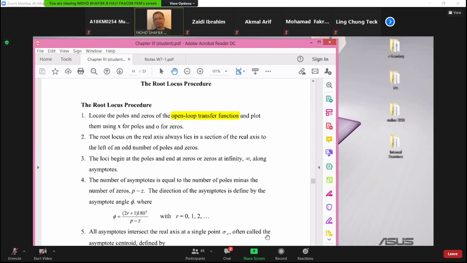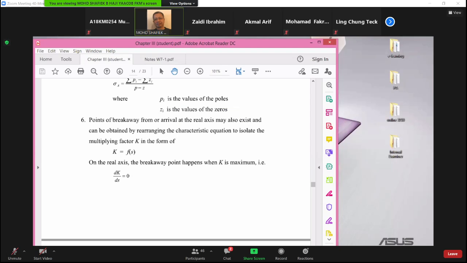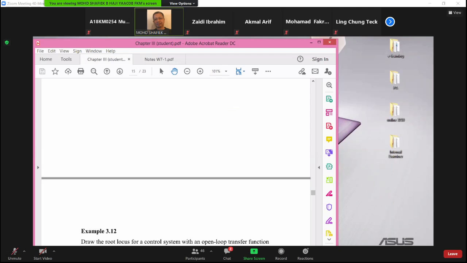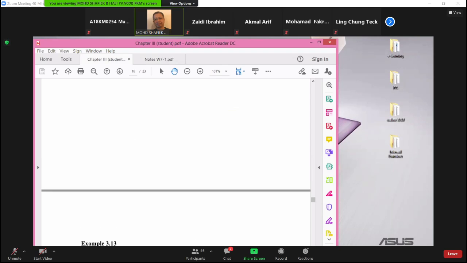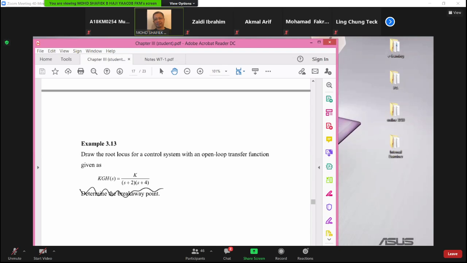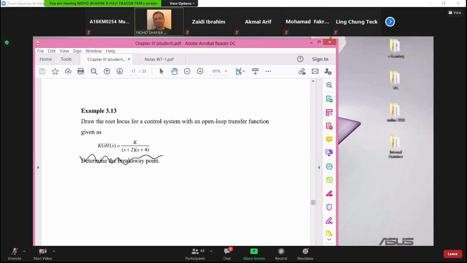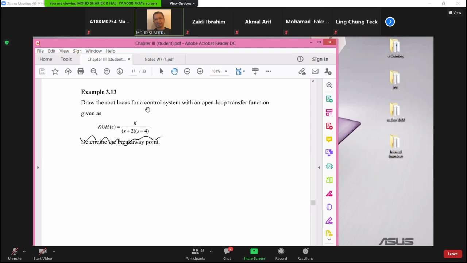Okay, so let us look at an example. I'm going to skip example 12. We are going to go straight to example 13. Draw the root locus for a control system with open loop transfer function given as below. So this is already the open loop transfer function.